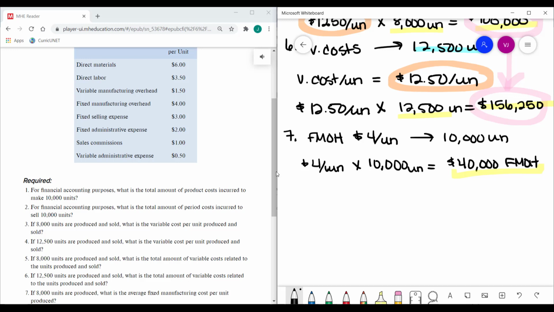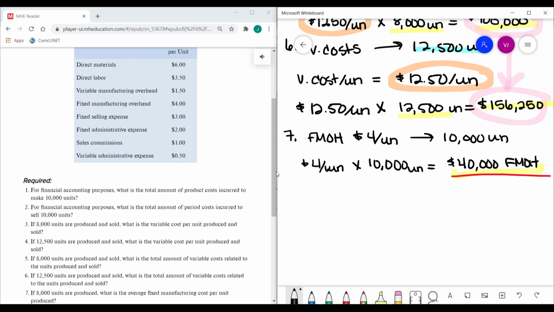Okay, so when the question is asking you about fixed manufacturing cost, it's asking about fixed manufacturing overhead. So in total, that $40,000 will stay the same each period whether I produce 7,500, 8,000, 9,000, 12,000 units. As long as I'm within the relevant range, that 40,000 will apply. That is what we can expect each period in terms of fixed overhead cost.